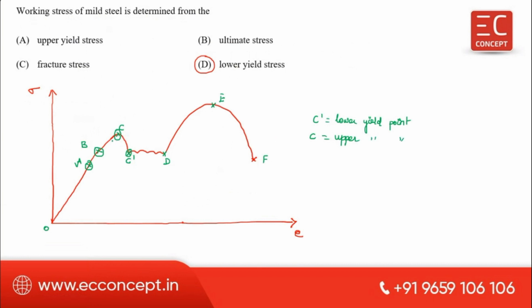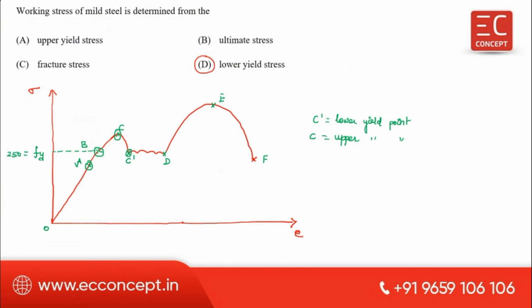Now, generally, we take a working stress by using the factor of safety on that yield stress. This yield stress is equal to 250 for mild steel.